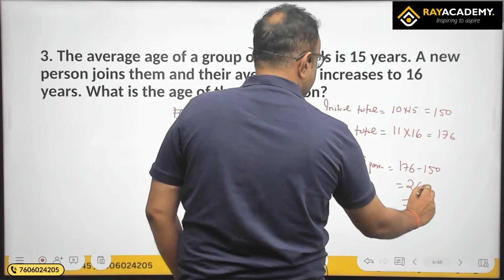But we have this data, T2 to T6 is 274. So 274 plus T7 equals 348. So T7 is 348 minus 274, that is 74. So this is the score that the batsman got in the 7th test.